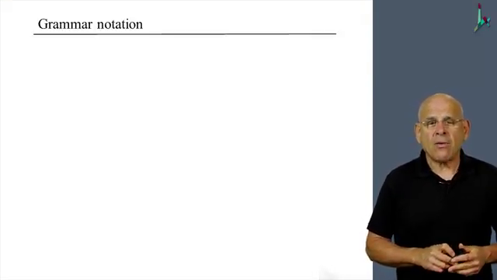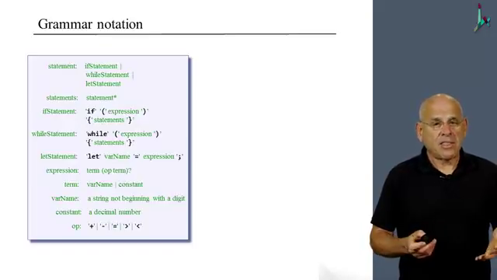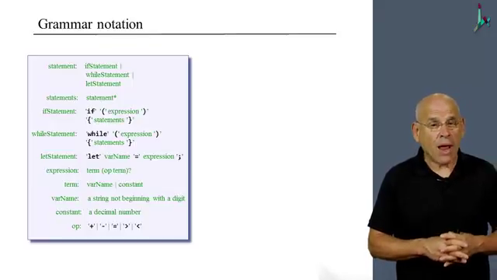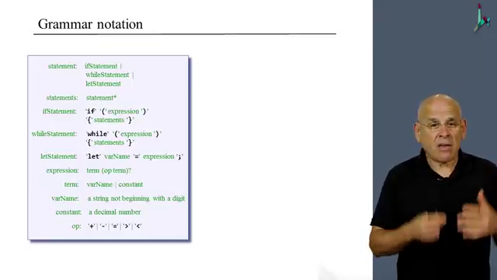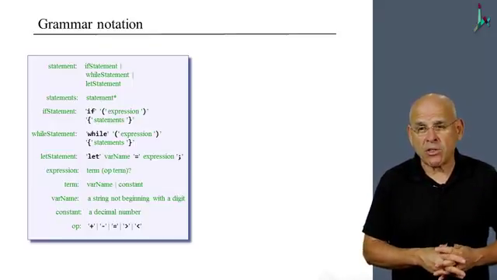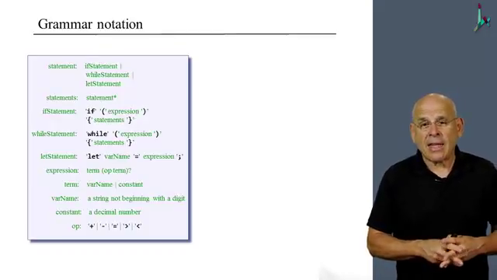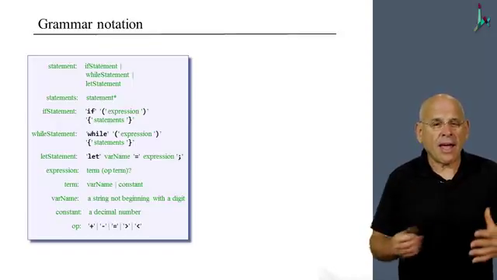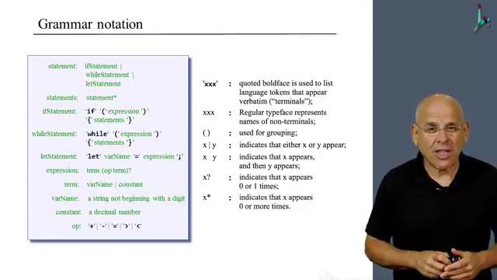All right, now, as you noticed, we use a certain notation when we describe grammars. And what you see here is the subset of the Jack grammar that we used all along. I'd like to say a few words about the notation that we used all the time without paying much attention to it.